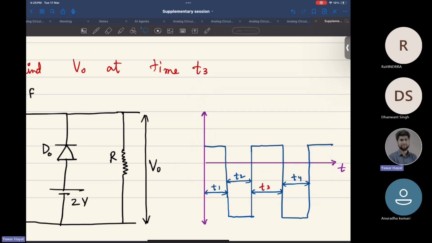And this is the point P3 where you need to find V out. During T3, V input would be 5 volts. This is Vi versus T. This is 5 volt, this is minus 15 volt. How much should be the answer then?